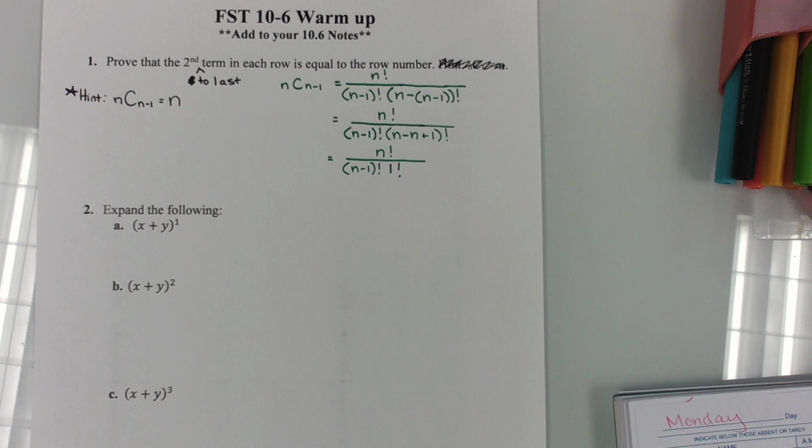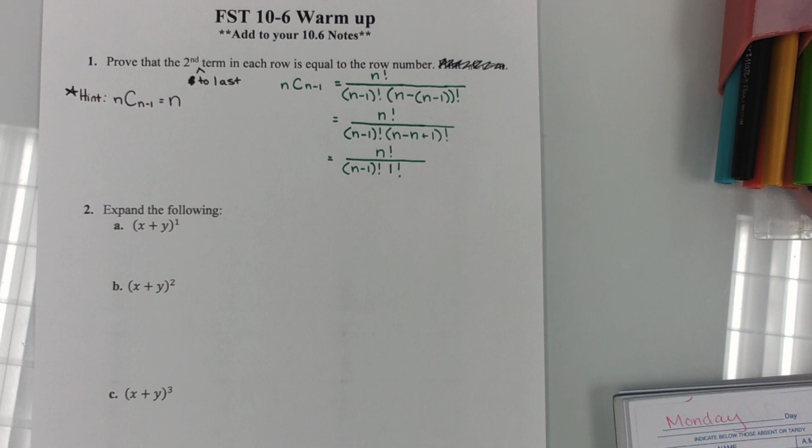And that is that you have to remember that a number is always the multiplication of all the numbers smaller than it in a factorial, which means n factorial is n times n minus 1 times n minus 2, etc. And the n minus 1 factorial that we have starts at n minus 1, but then multiplies by n minus 2, multiplies by n minus 3, etc. This right here is the same as this.